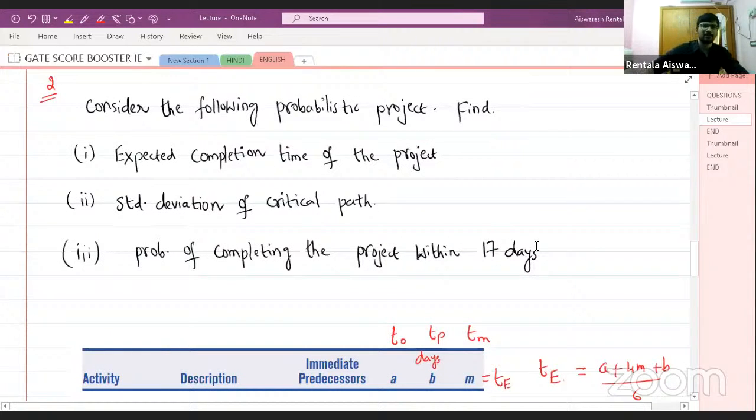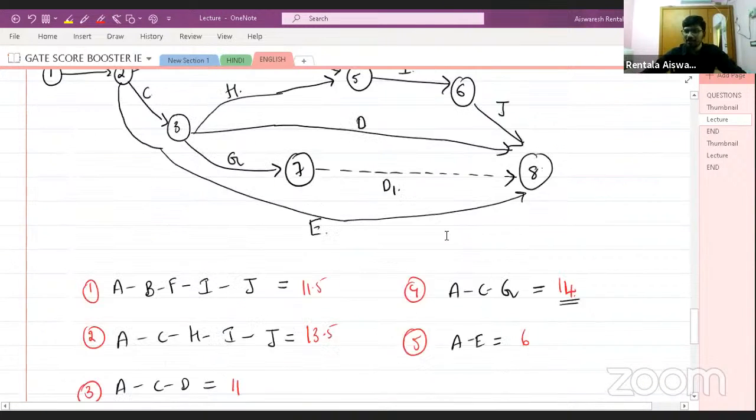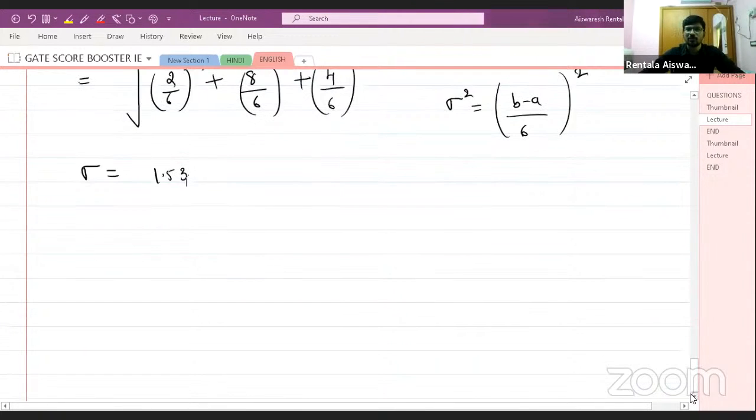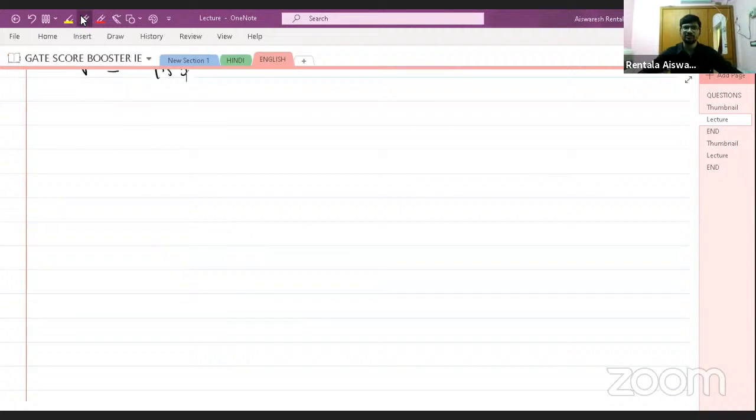Now you have to calculate the probability of completing the project within 17 days, right? The completion time of the project follows which distribution? It follows normal distribution.